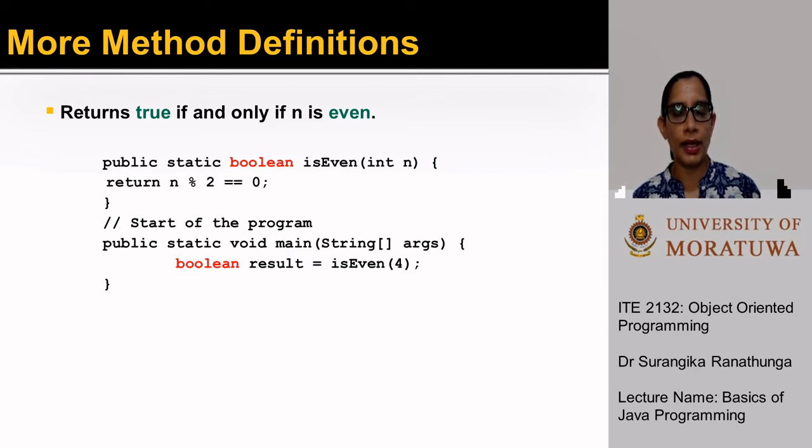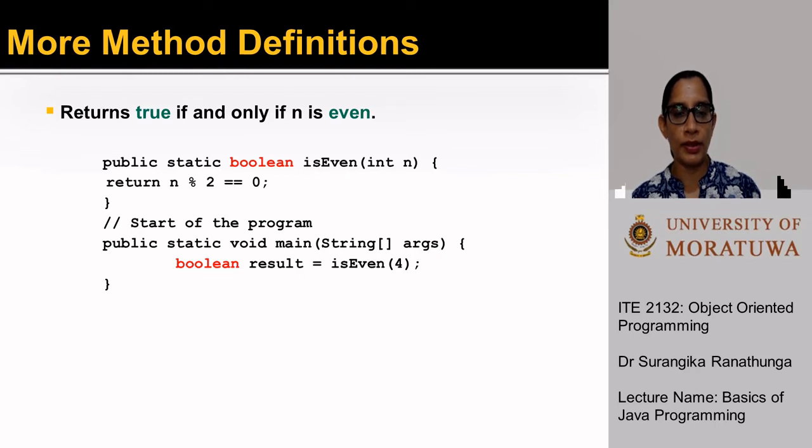And a method can have a return value. So here, boolean is the return type. So whatever the value that can come out of this method should be of the boolean type. So we can use this isEven method inside another method. So here isEven is used inside the main method.